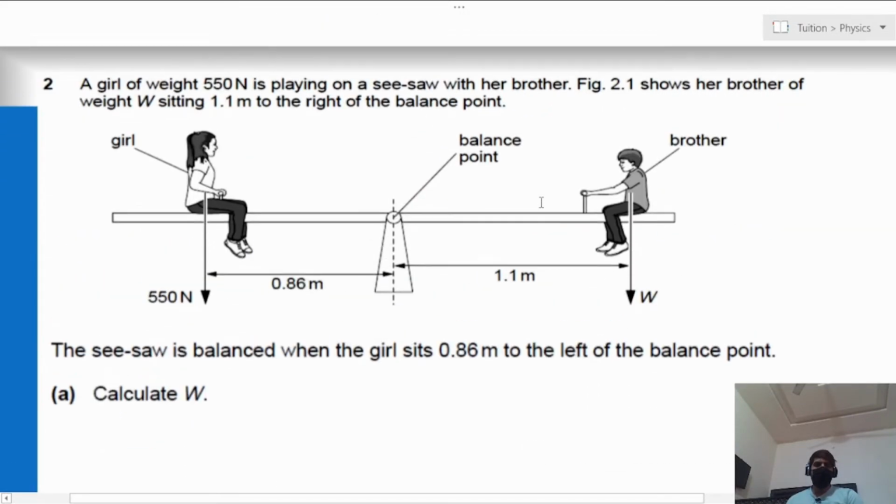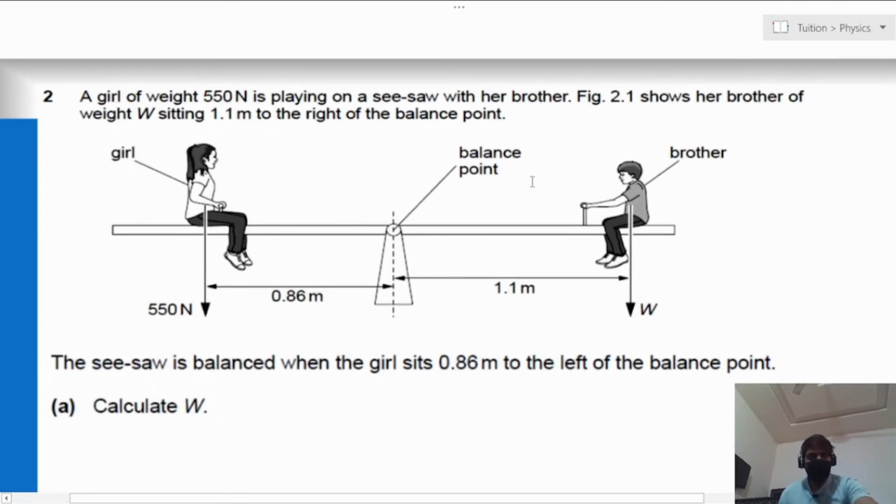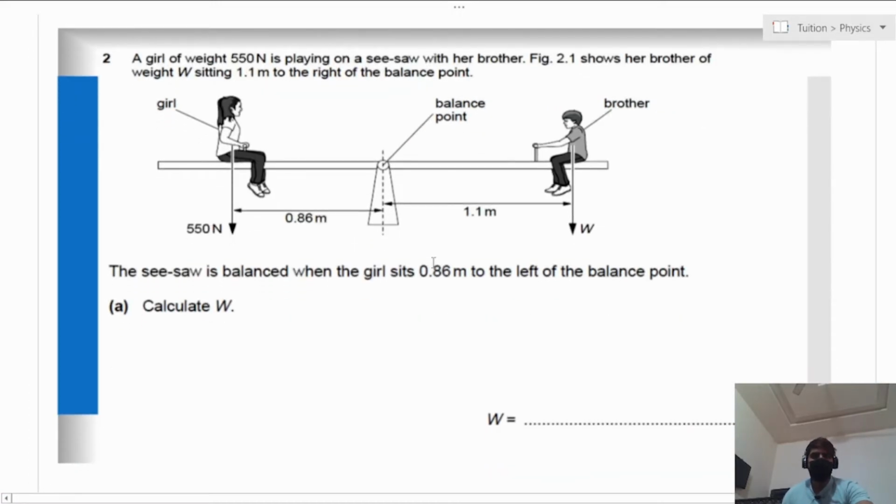Now let's take a look at the question. So in this one, you can see there are two forces given. The weight of the girl is 550 Newton, you can call it F1, and the weight of her brother is W Newton, you can call it F2.